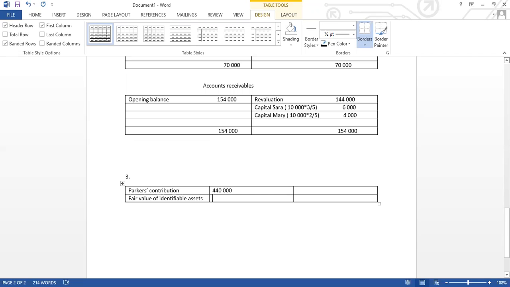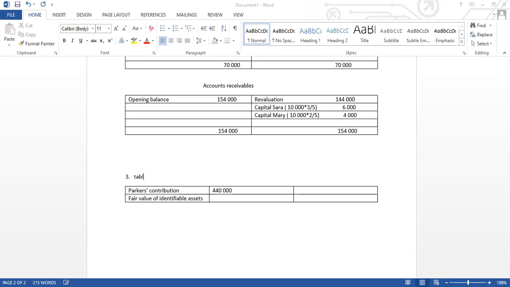Guys, this is a table. It's not a ledger account, it's not a goodwill account. It's a table just to do calculations.